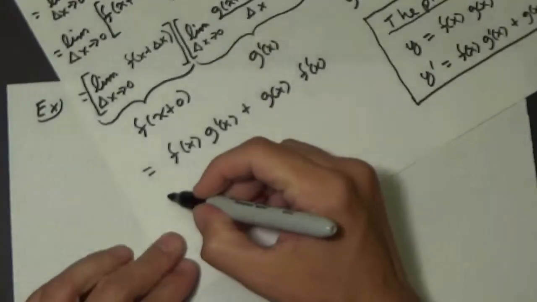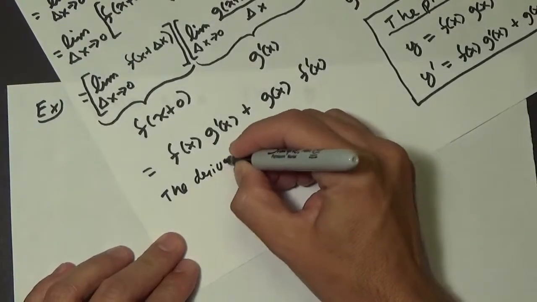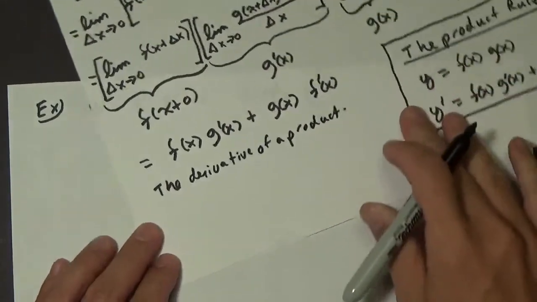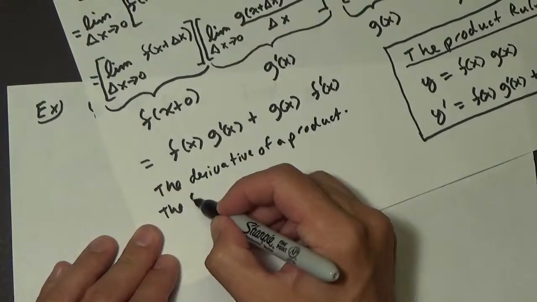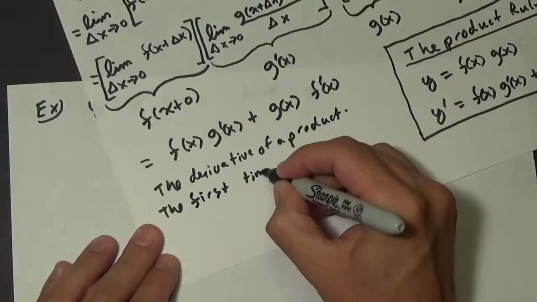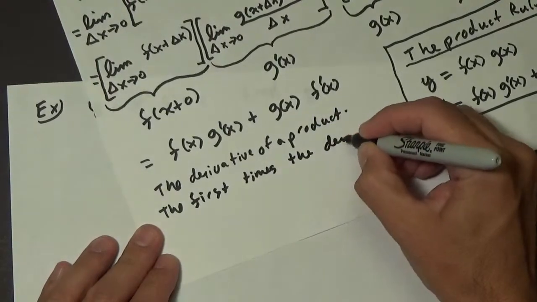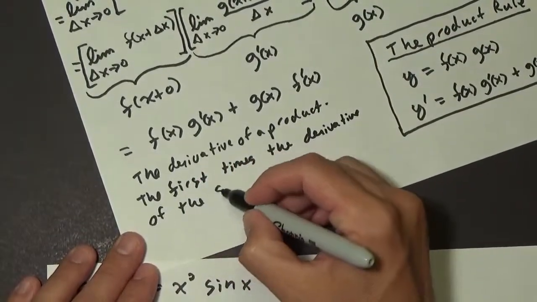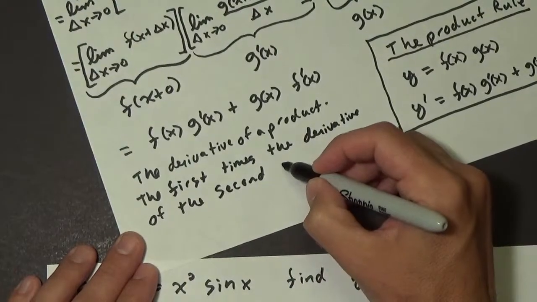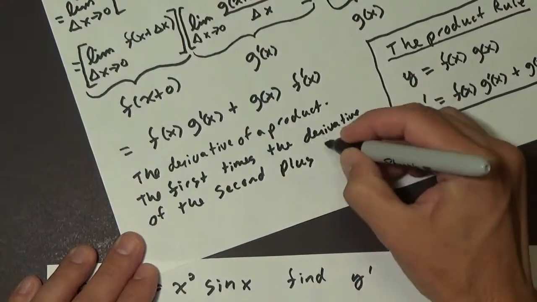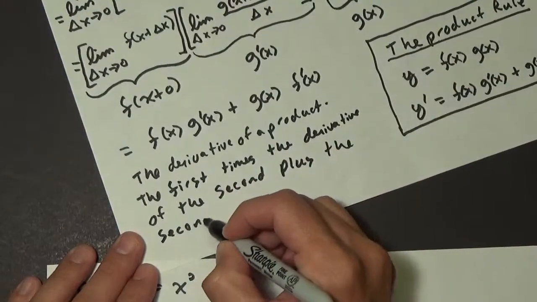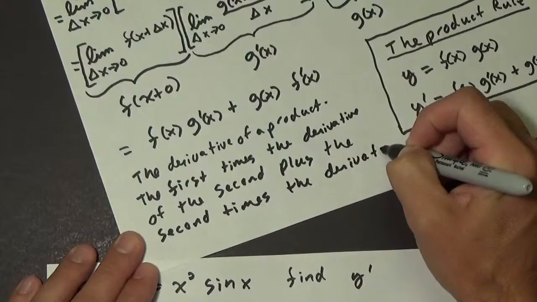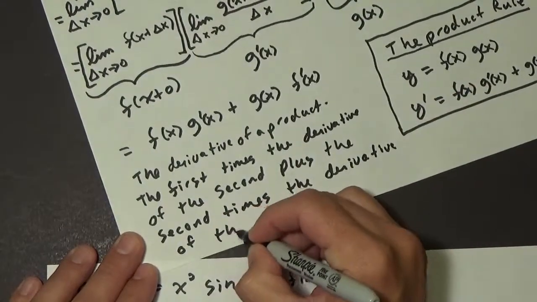So the derivative of a product. Okay, I write the first times the derivative of the second plus the second times the derivative of the first.